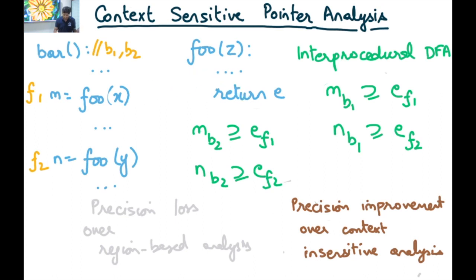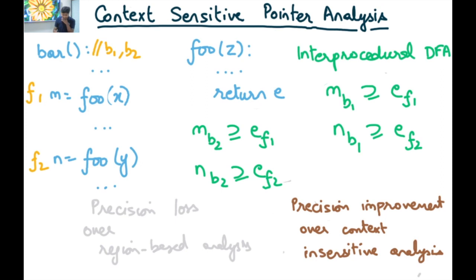And then NB1 should be updated using EF2, because N is occurring at F2. And NB2 should also be updated using EF2. And because the updates are addition of edges, in constraint form, you can say the set of outgoing edges in the points to graph from NB2 should be a superset of the set of outgoing edges from EF2.